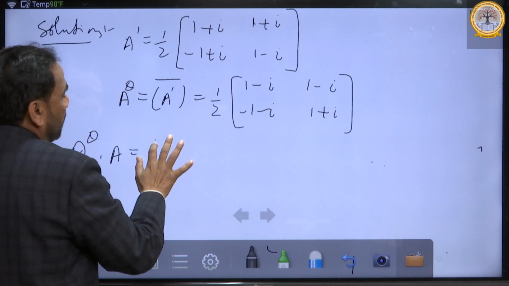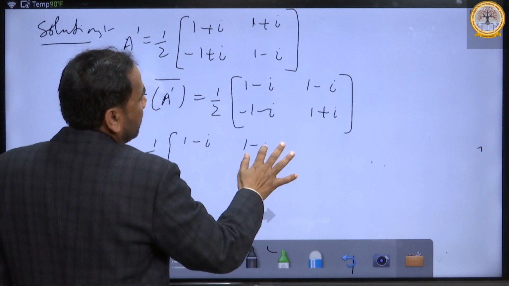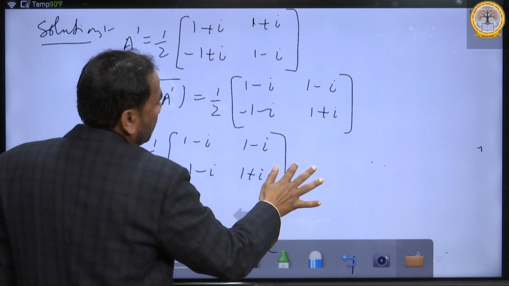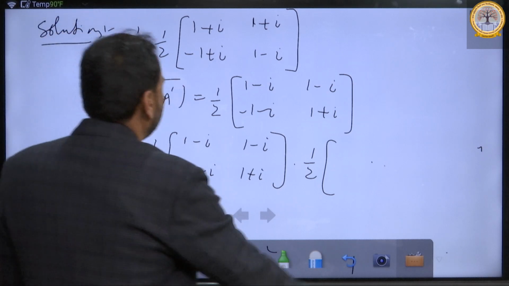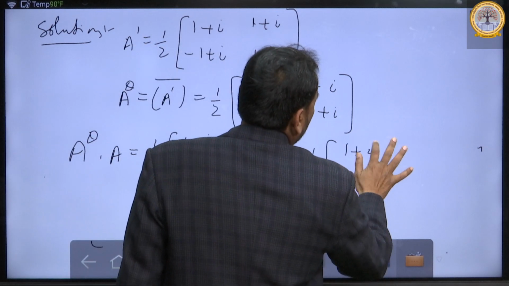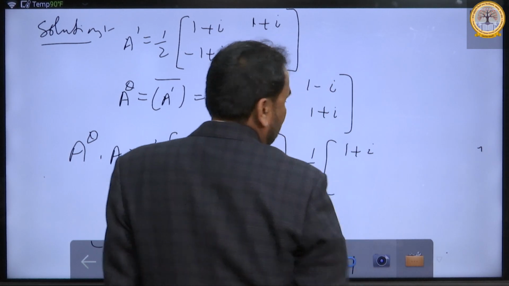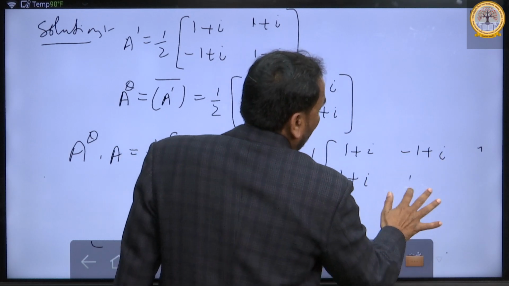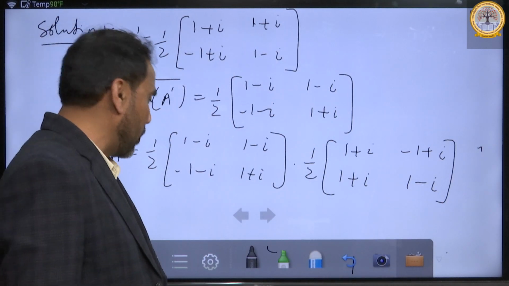Here A to the power theta is 1 by 2 times the matrix with first row 1 minus i, 1 minus i, and second row minus 1 minus i, 1 plus i, dot 1 by 2 times A, which has first row 1 plus i, minus 1 plus i, and second row 1 plus i, 1 minus i. So we find this multiplication of matrices.